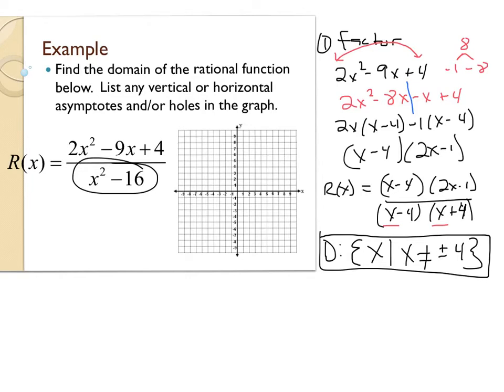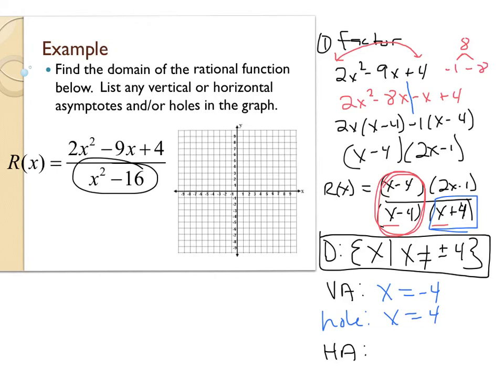Okay, now vertical asymptote, got to be careful here. I have a common factor over common factor, so this guy right here is my hole. So that means only this guy right here that I just put the box around is going to be my vertical asymptote. I'll put my hole right there next to it, which is x is equal to 4, and then the very last one is going to be my horizontal asymptote.